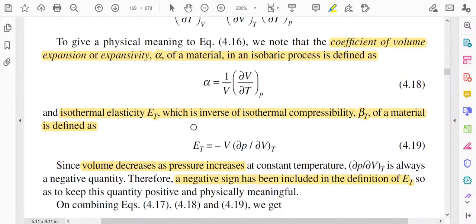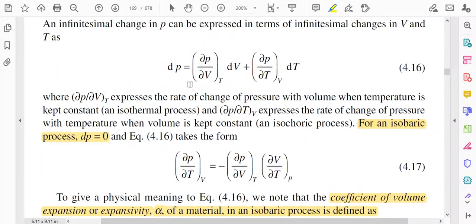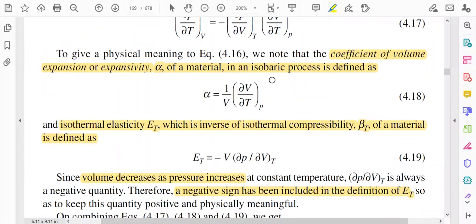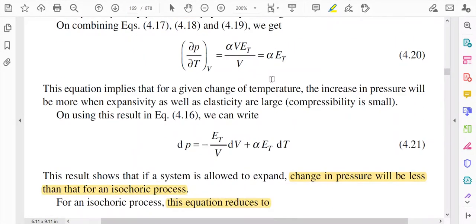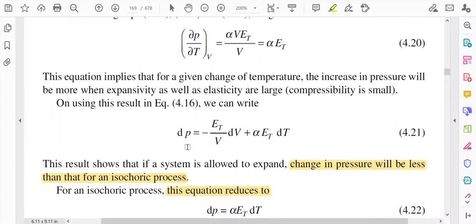And we can write equation 4.16, again by introducing the parameters ET and alpha in the right hand side. After some algebraic rearrangement, we can write equation 4.16 in this manner, that is dP is equal to minus ET by V dV plus alpha ET dT.